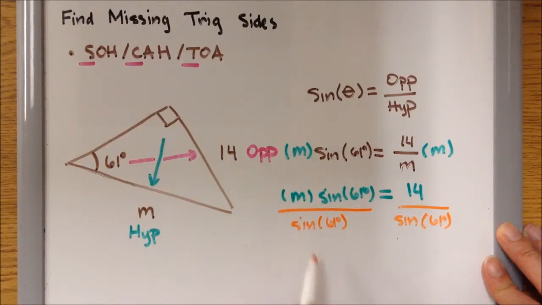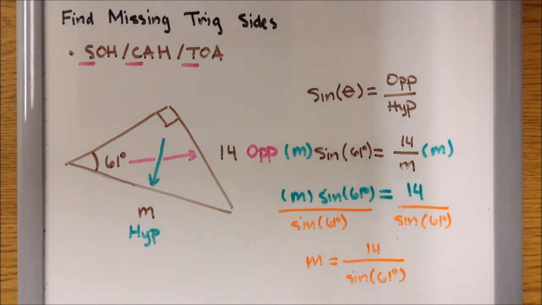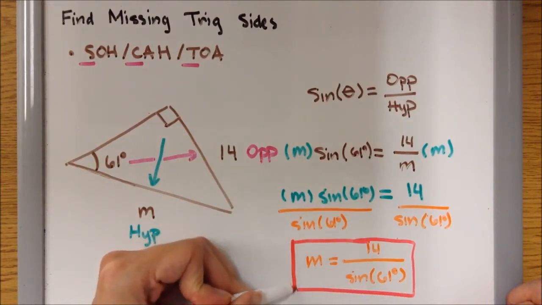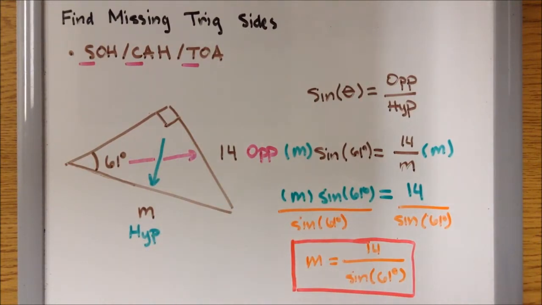So on the left side it will be M equals 14 over sine 61 degrees. And that will be our final answer, because I was able to get M by itself. So M equals 14 over sine of 61 degrees. So that's all you have to do. Just use basic algebraic skills. Try and get the variable by itself.